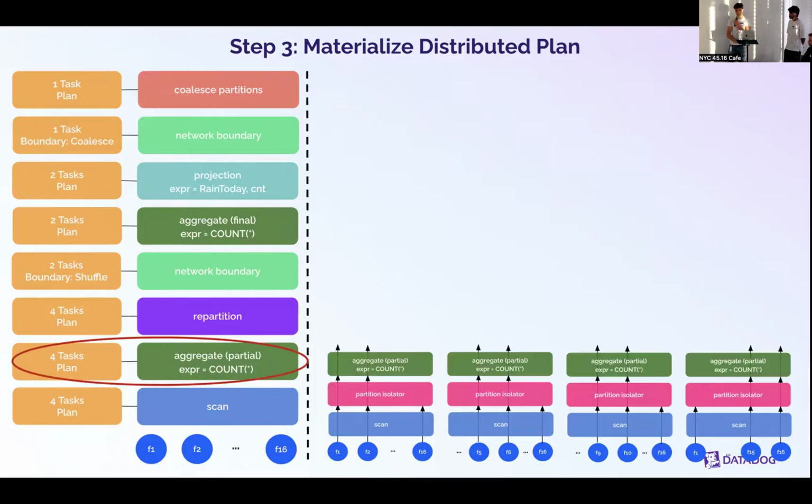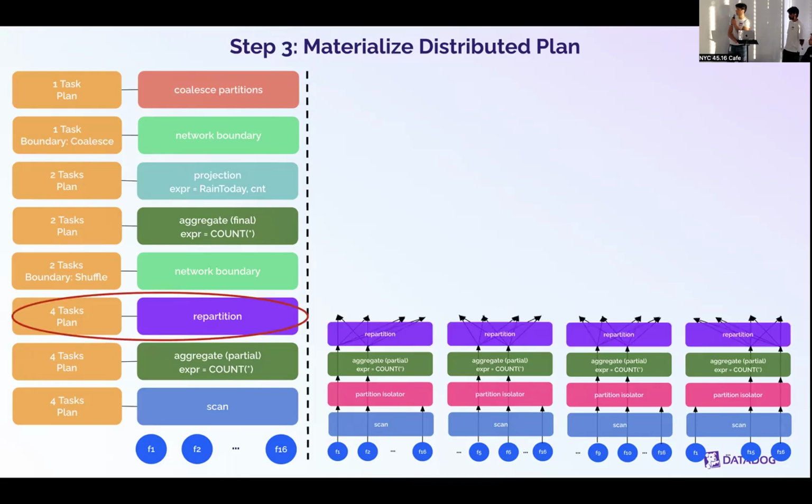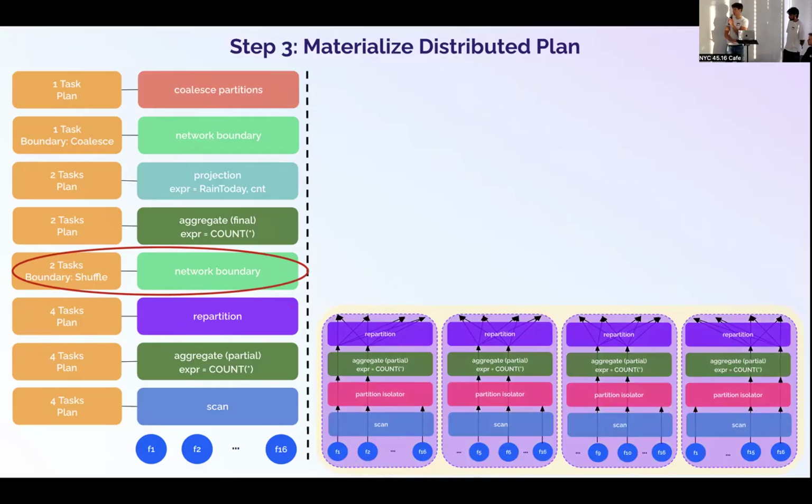We then walk up the plan. We insert our aggregation, our repartition, and when we hit a network boundary, we encapsulate all the operators below in what's called a stage, and then each subset in its task, which is synonymous with a machine.